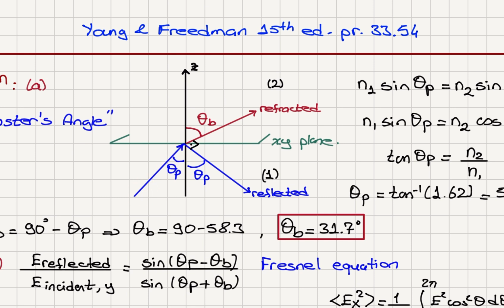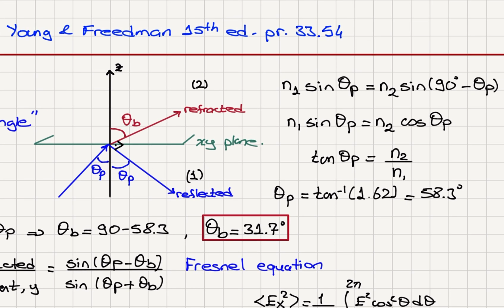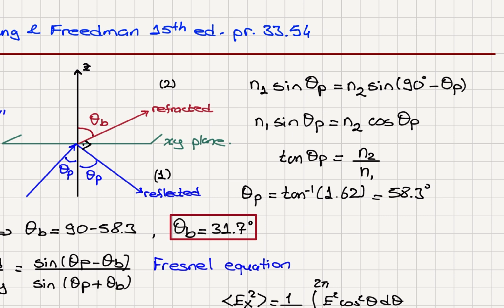And the law of reflection tells me theta polarizing is the same for the reflected beam with respect to the normal. So n1 sine theta p is equal to n2 sine theta b, which is sine of 90 minus theta p. So this angle here is the Brewster's angle, 90 minus theta p.